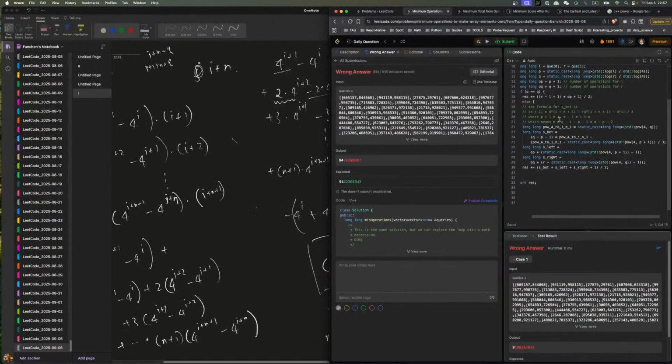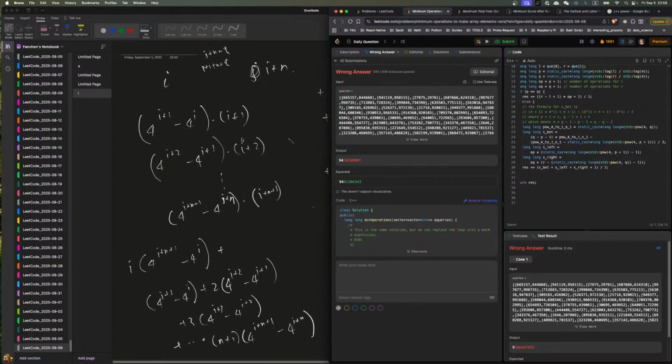Right? I is this, and I plus n, because I plus n is the last one. It should be q minus 1.